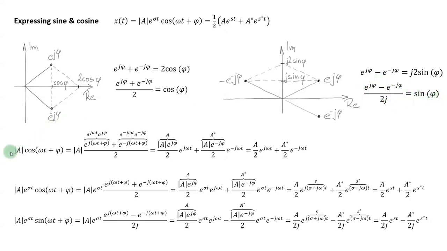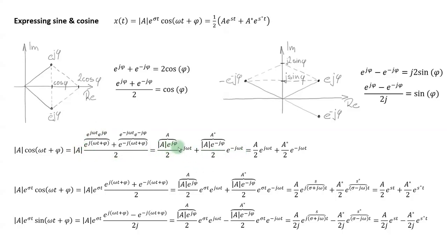Now, what about a generic cosine with some generic amplitude, angular frequency, and phase? Well, here you can still use this expression, except instead of this phase, you will use this entire expression. And when you substitute this here and here, you will get this. In this expression, you can break each of these exponentials into 2 exponentials, and then you can rewrite this entire expression into this form.